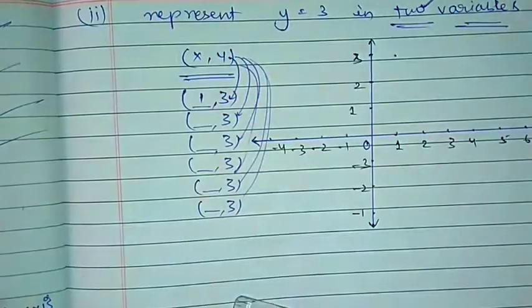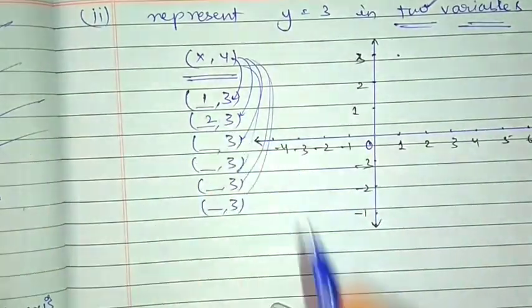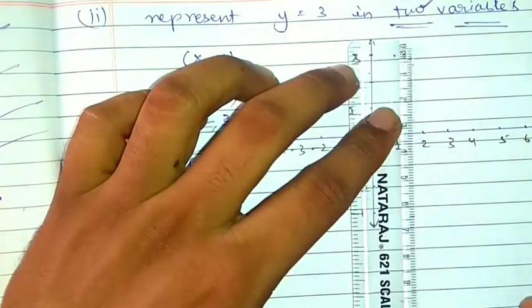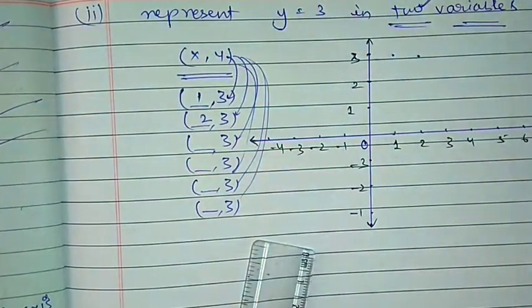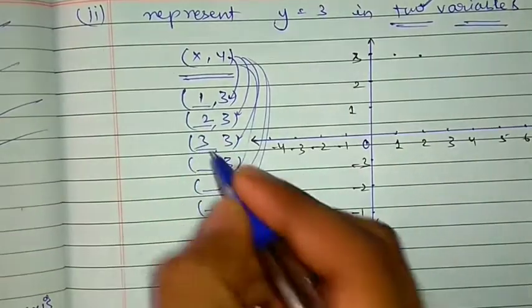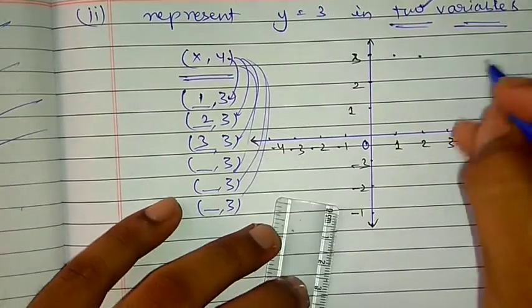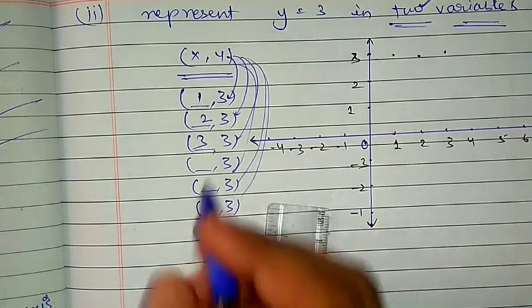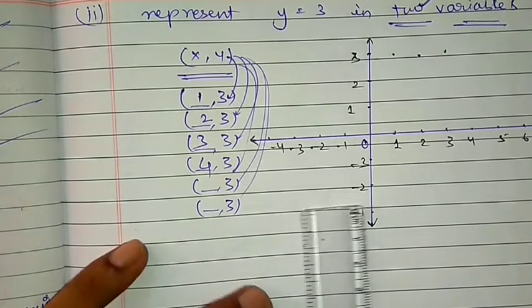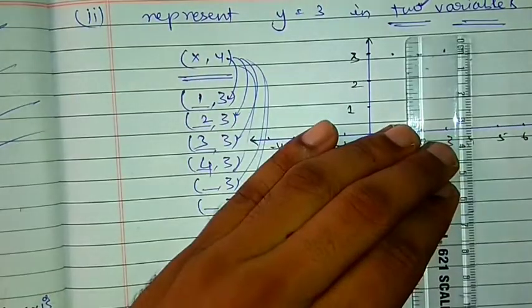Let us think of 2 comma 3. 2 comma 3 will look like this. How will 3 comma 3 look? It will look something like this. How will 4 comma 3 look? 4 comma 3 will be somewhere here.